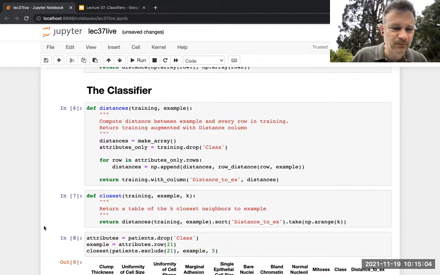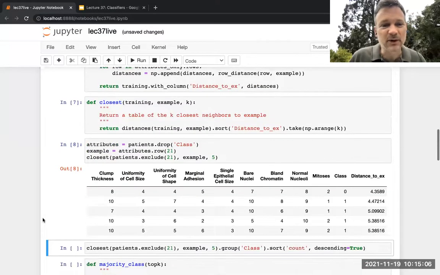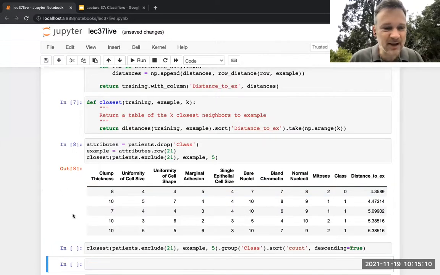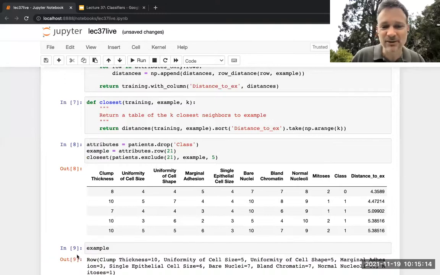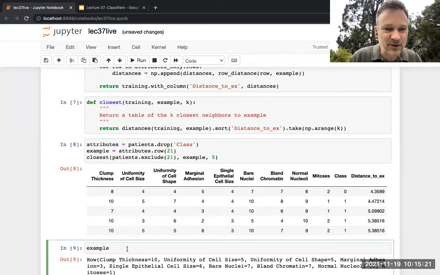And so, for instance, if we took one patient with some particular test results.